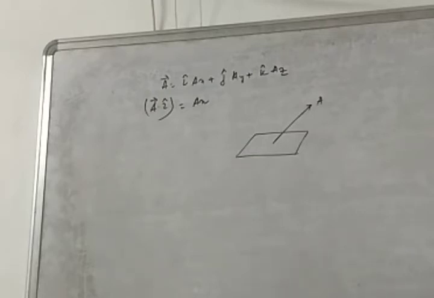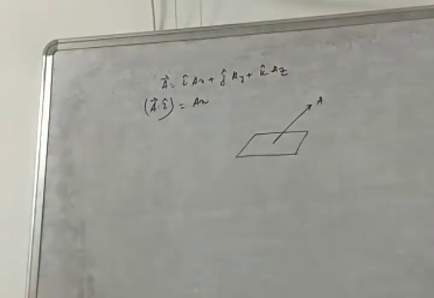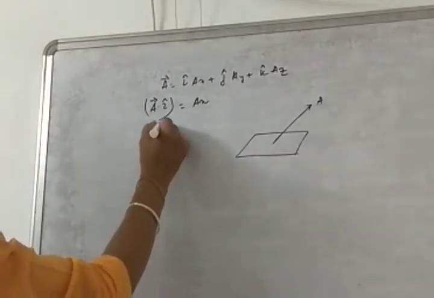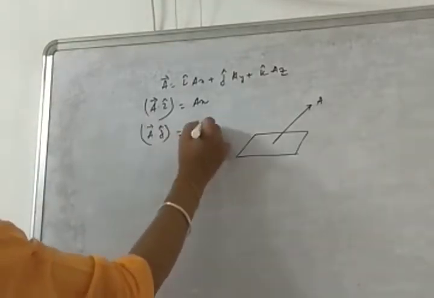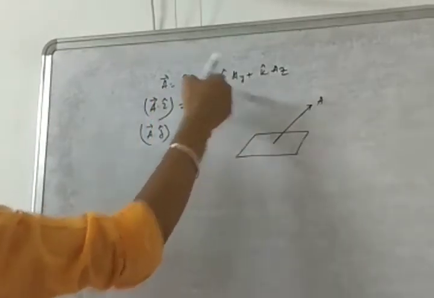That means when we do a dot product with a unit vector, we get the component of the vector along that unit vector. If I do a dot product with j hat, we have only Ay, because i dot j is 0, k dot j is 0, only j dot j exists.